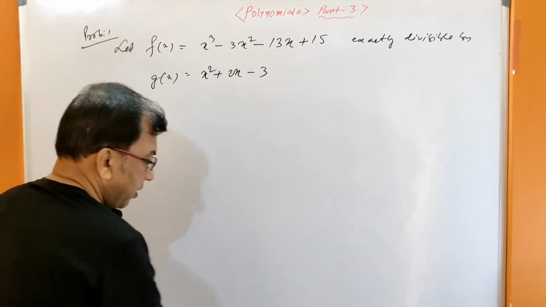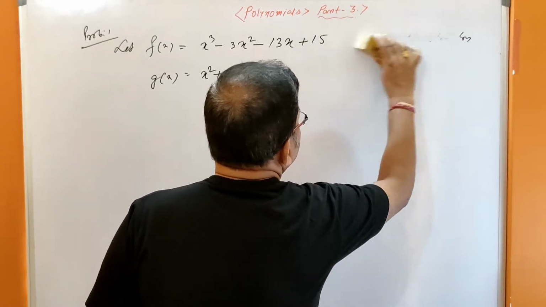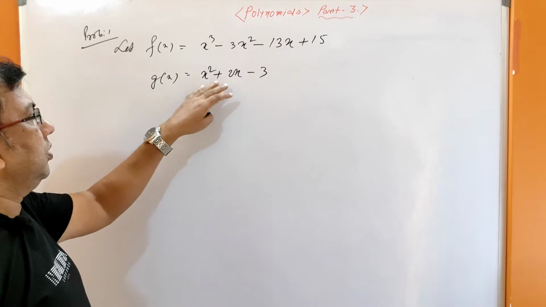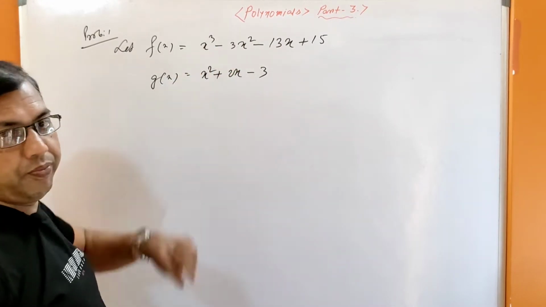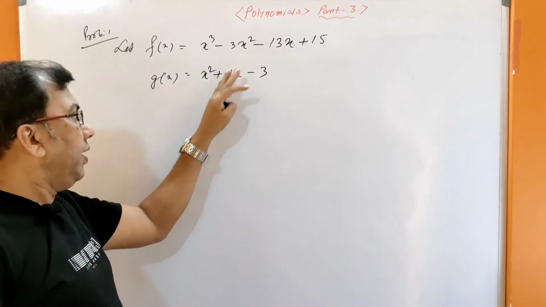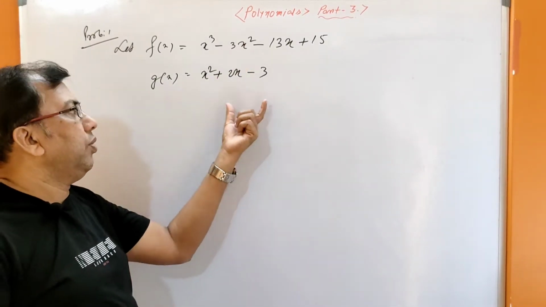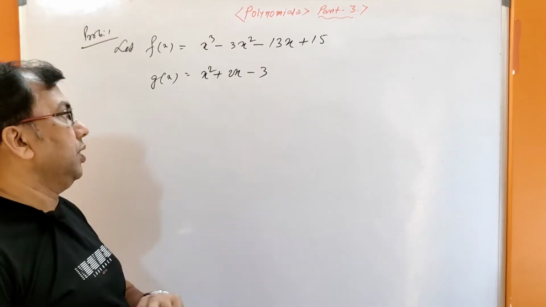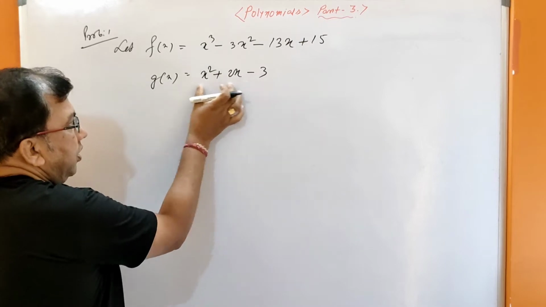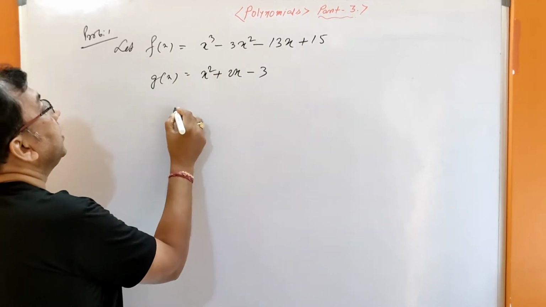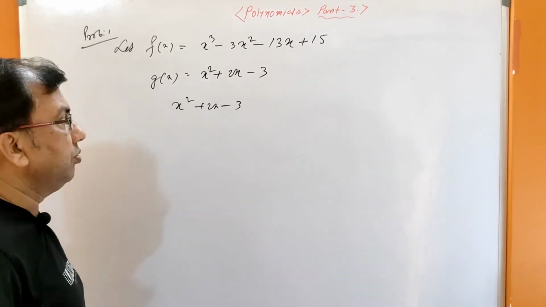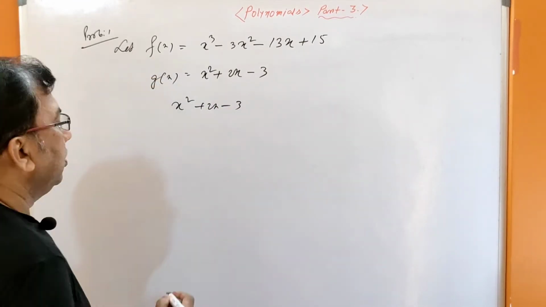As this is divisible by this, that means this is a factor of this. So x square plus 2x minus 3 is a factor of the polynomial f(x).